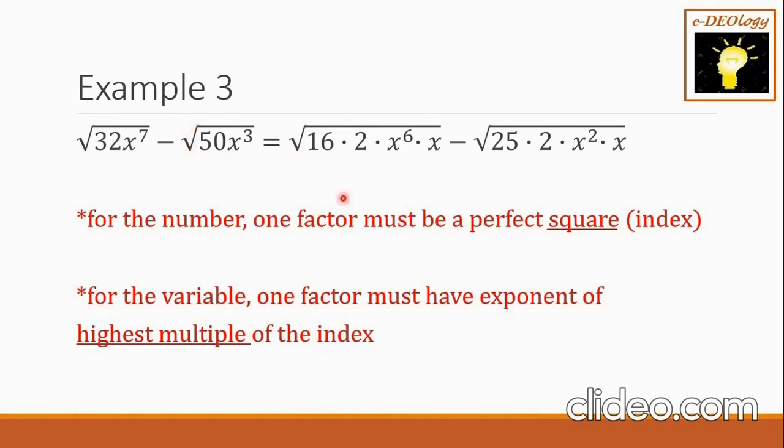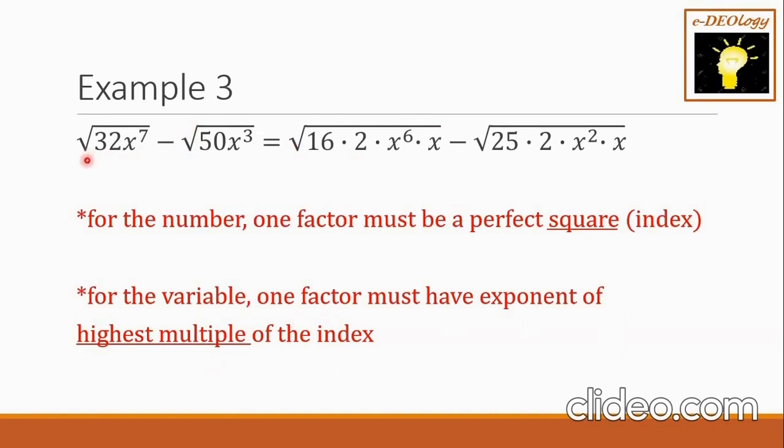In the first radical, the number 32 is factored into 16 and 2. For the variable x raised to 7, there is a clue here on how to factor it out. It says one factor must have an exponent that is the highest multiple of the index.